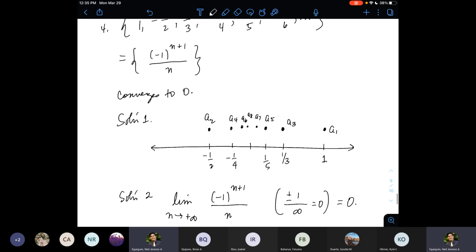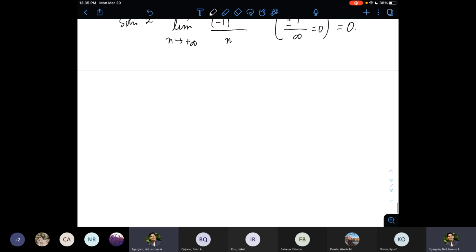Okay. Let's try one more. Let's say (n - 6(-1)^n) all over n. Okay, try this one. I'll give you a minute to analyze this problem.